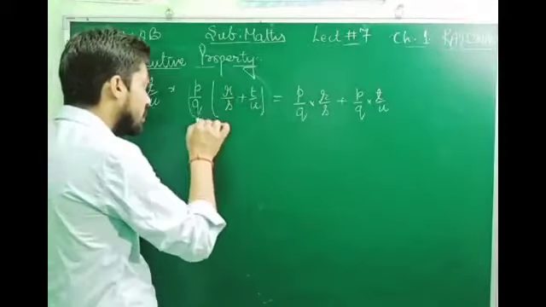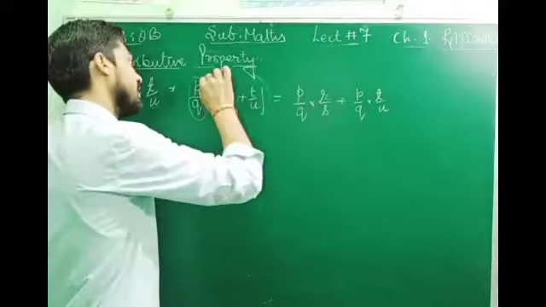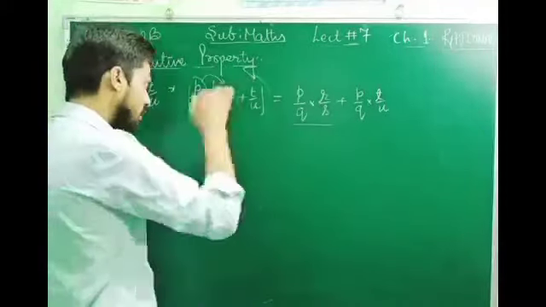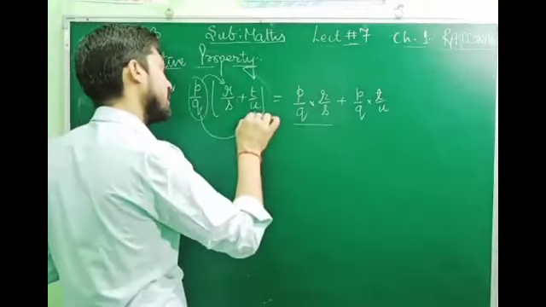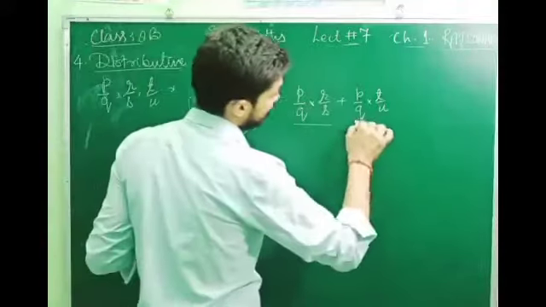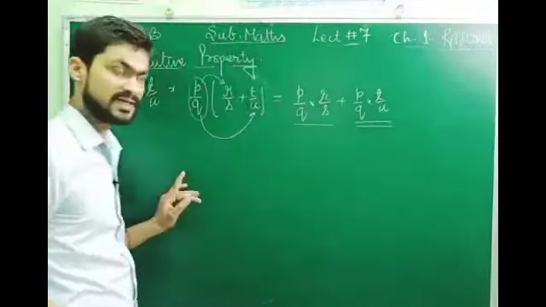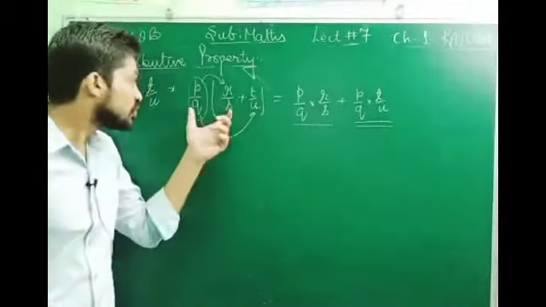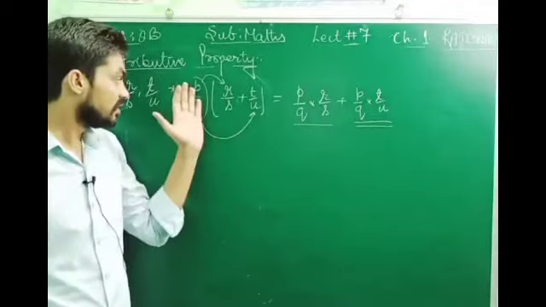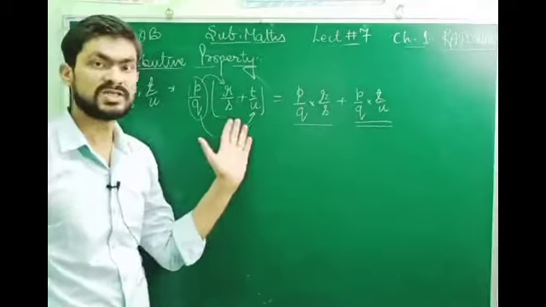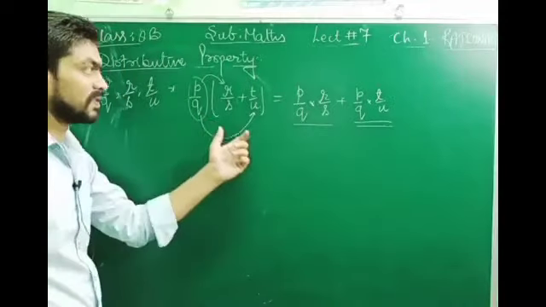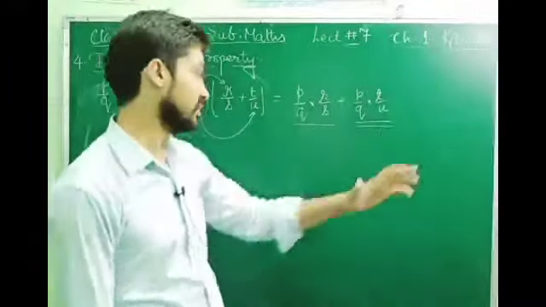P by Q is being multiplied with R by S in the first term, as well as the same P by Q is being multiplied in the second term. Correct? So this is the distribution. What do we call it? Distribution of multiplication over addition.